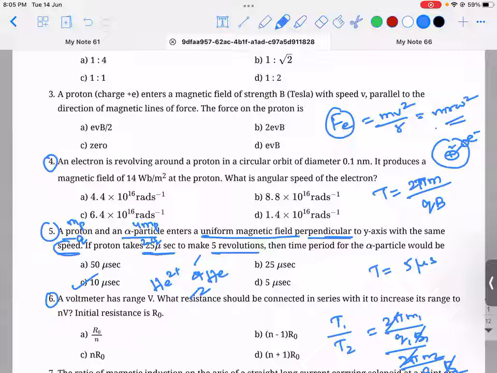Here it is a combination. For the magnetic field, they would have given the unit as 14 Weber per meter square. WB is Weber. Weber is a unit of flux. Weber per meter square is Tesla. Weber is actually the unit of magnetic flux, which you will see in the 6th chapter.